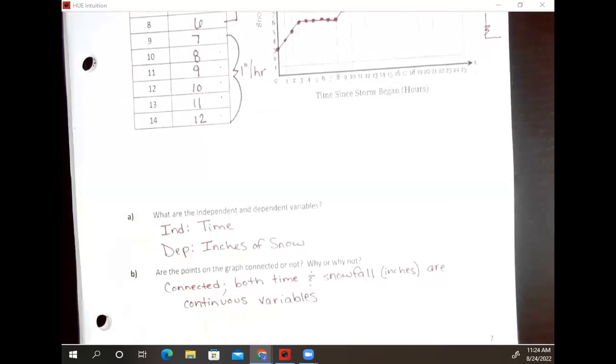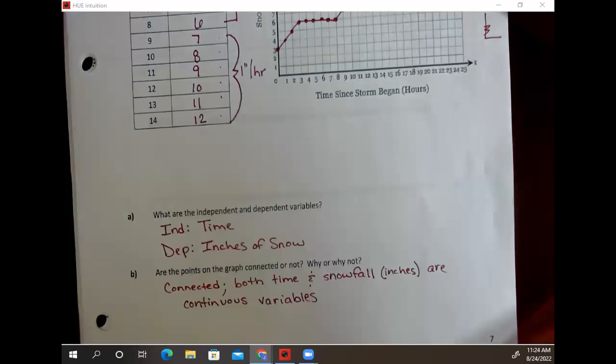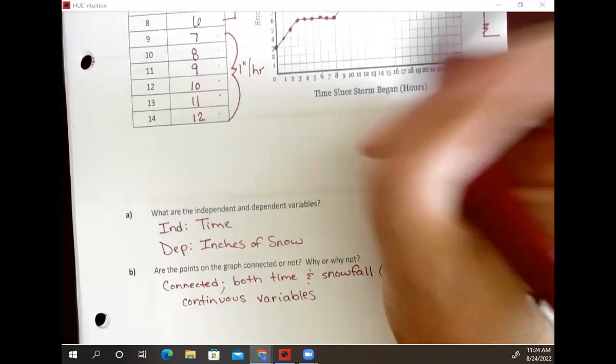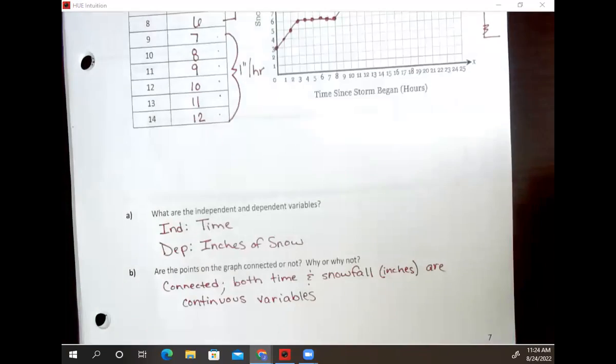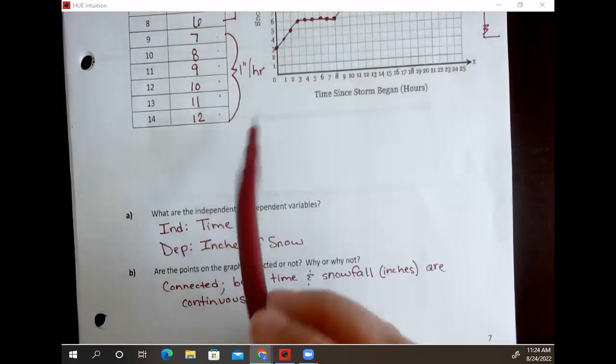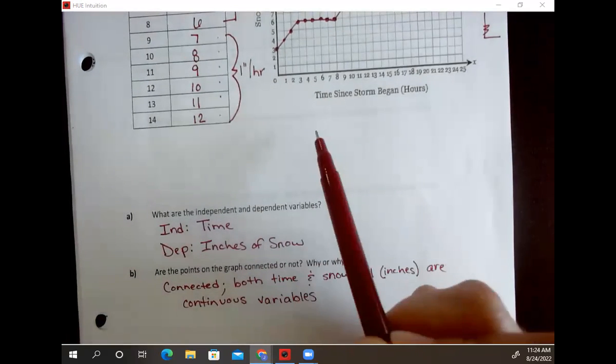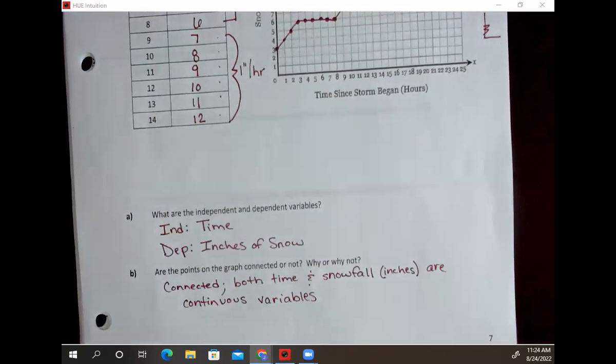It might accumulate quickly or it might accumulate slowly, but as it accumulates, I'm getting every option in between 3 and 4 inches, in between 4 and 5 inches, in between 5 and 6 inches. Okay, everything in between the values that I had in my table are values that are possible for those snowfall amounts. And same with time. I looked at the measurements on the hour, but time elapsed in between there. Okay.